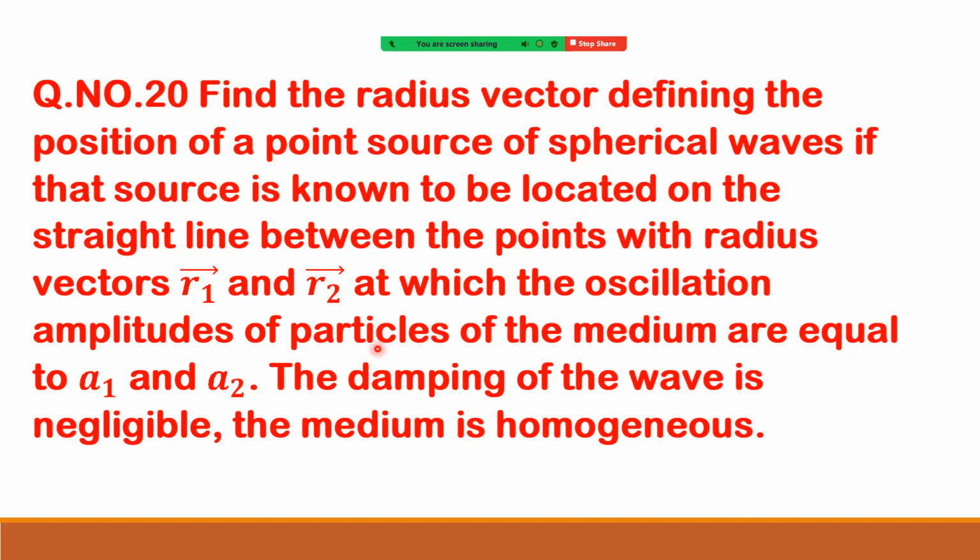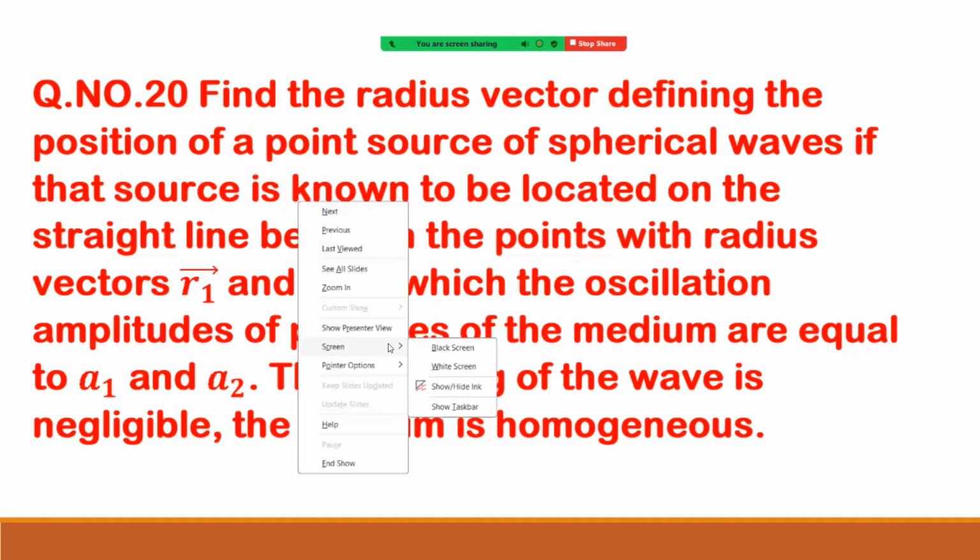We are given 2 points whose radius vectors are r1 bar and r2 bar and corresponding amplitudes, right? So we have to get the radius vector defining the position of the point source. And one more condition given, the source is known to be located on the straight line between the points. Okay, it is between the points. Right. Let us see how we are going to start the problem.